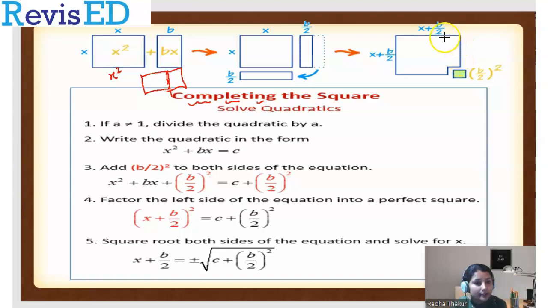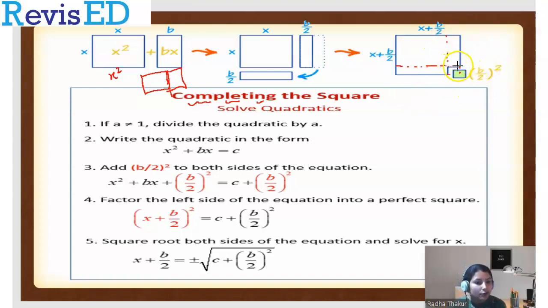But you are left with this corner. To make a complete square, at last we add this shape to the given figure so that it becomes a complete square.